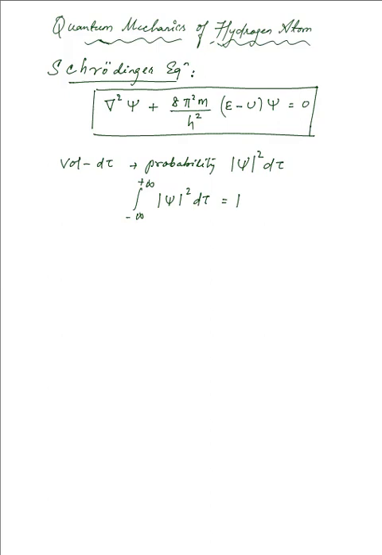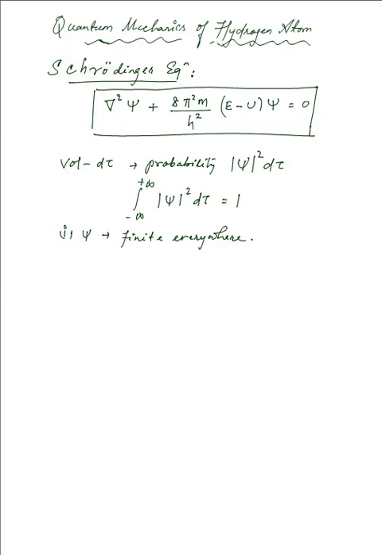Now it is also required that the wave function, first of all, has to be finite everywhere. If psi was infinite at a particular point, the probability of finding that particle at that point would be infinite as well, and this would violate the uncertainty principle.